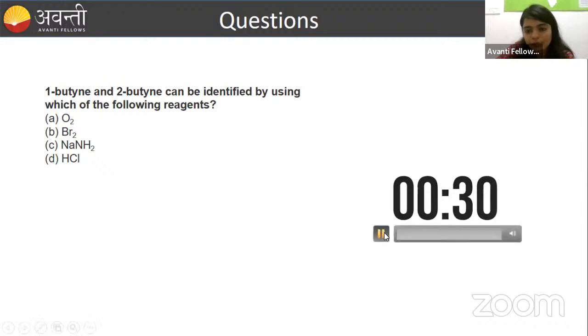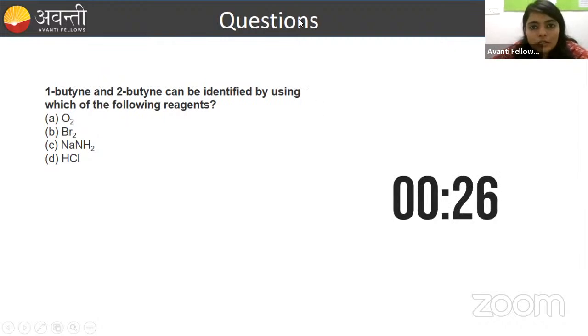So answer in the chat box. Look, make the structure of 1-butyne and 2-butyne and try to solve the question.